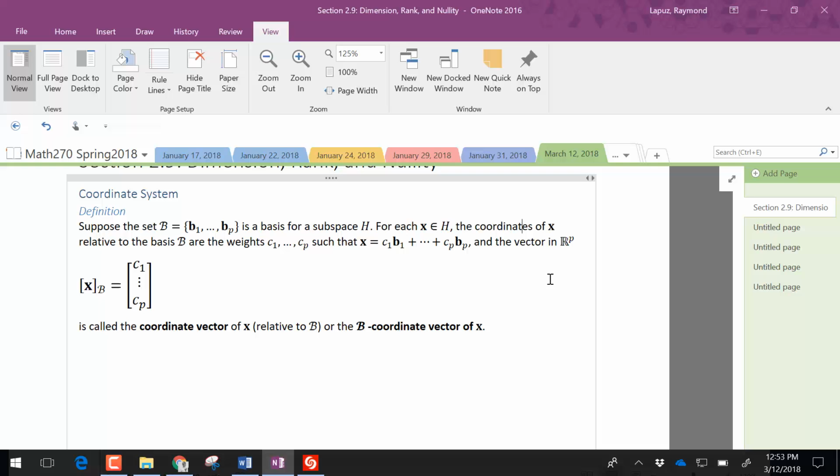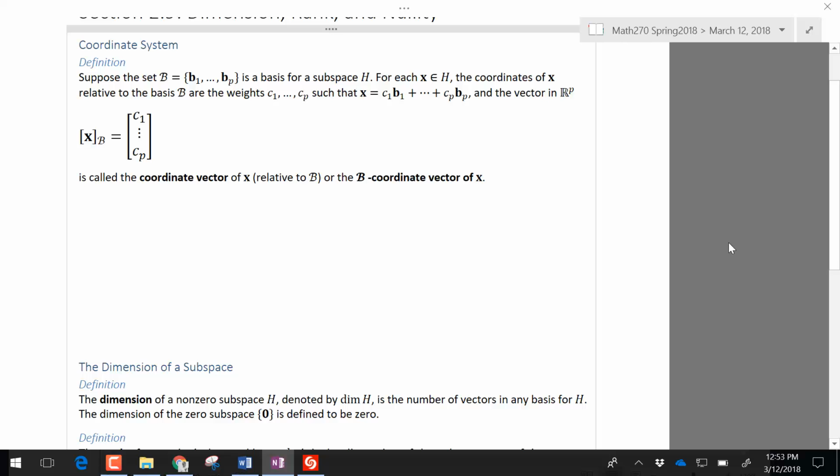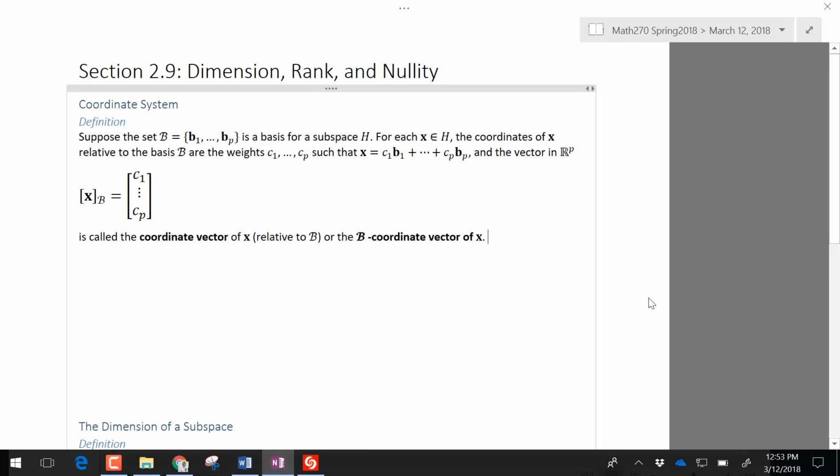The easiest to visualize is to go back to 2 dimensions and see what this might mean in 2 dimensions. So let's imagine you're in 2 dimensions, you're playing a video game.